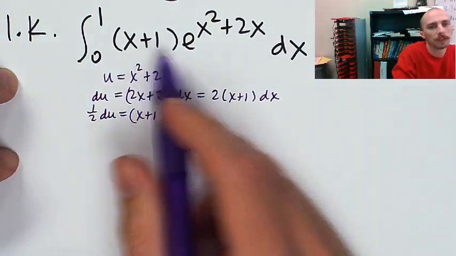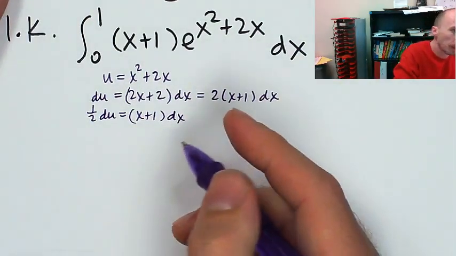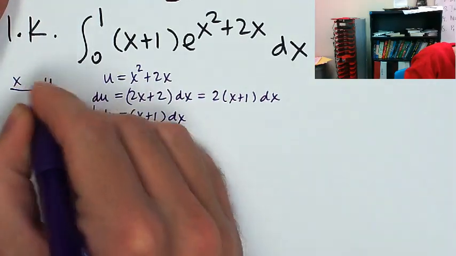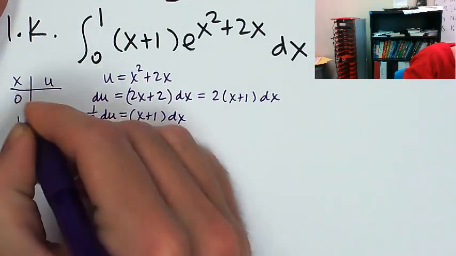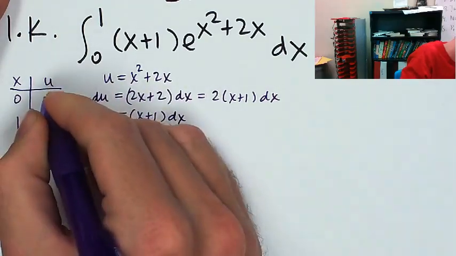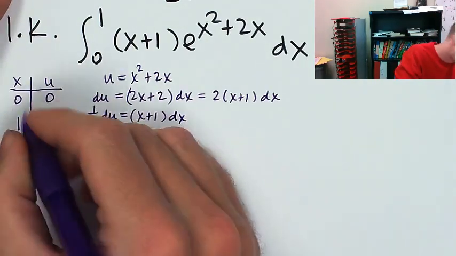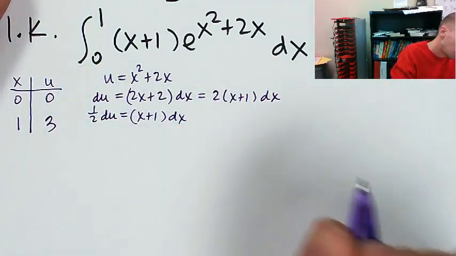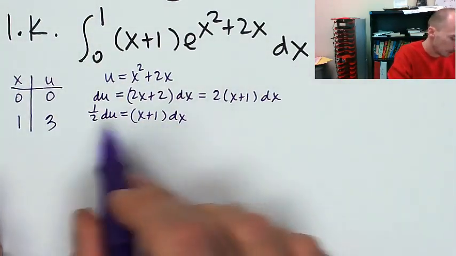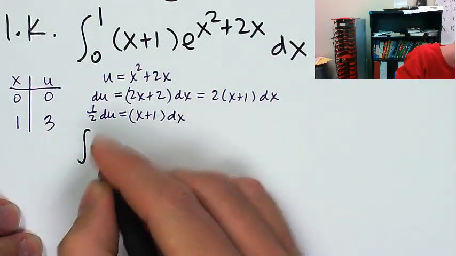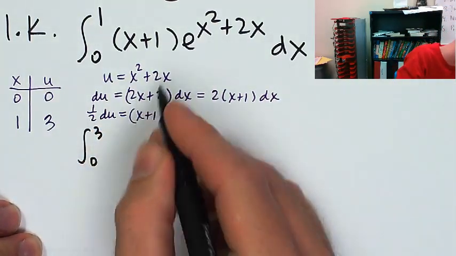Now, since this is a definite integral, I'm also going to need to convert the bounds. When x equals 0, u equals x squared plus 2x, which is 0 plus 0, which is 0. And when I plug in 1, I'll get 1 plus 2, which is 3. So now I'm integrating as u runs from 0 to 3.